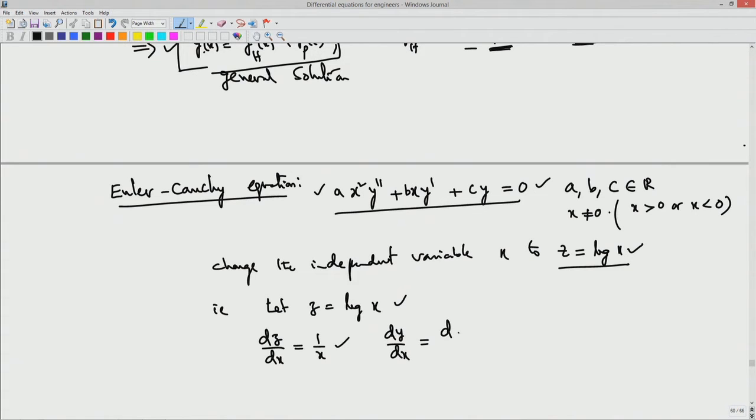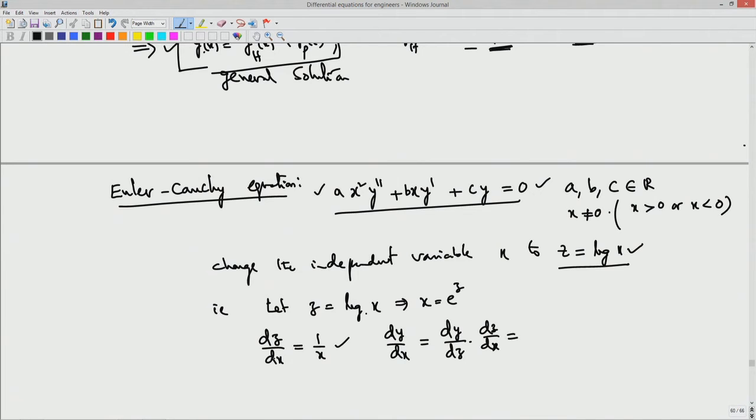Y is a function of x, and x is a function of z, since z equal to log x implies x equal to e power z. So y is finally a function of z, and I can write dy by dz into dz by dx.